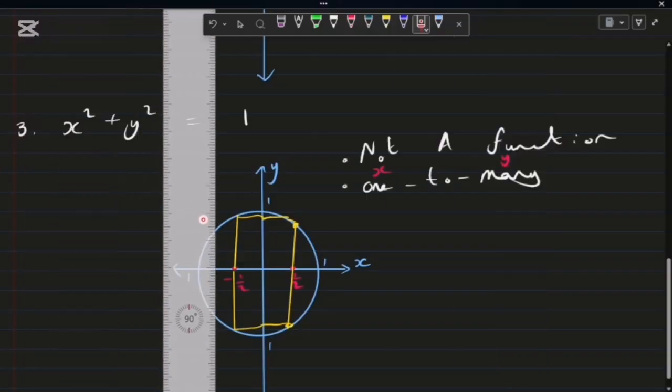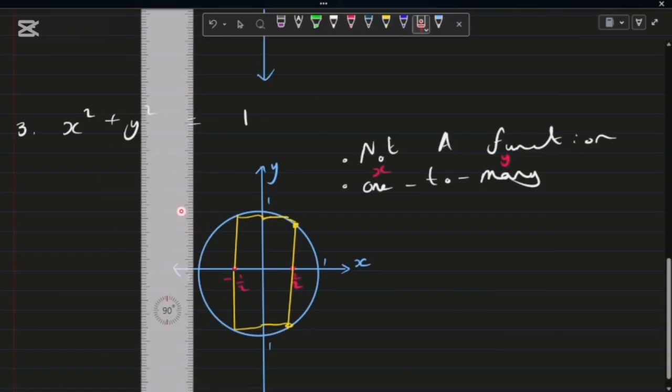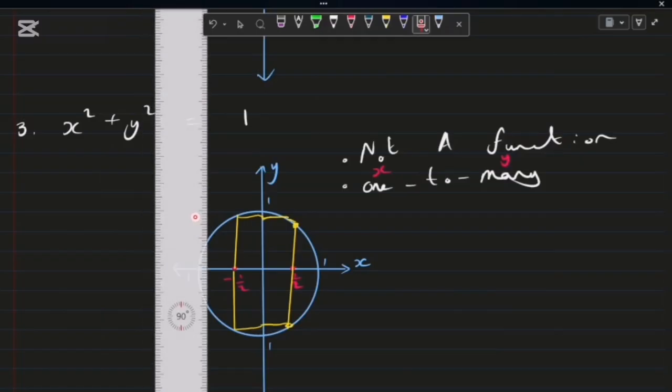At this point the graph is not touching the vertical line at one point, because at this point it is touching it, at that point, and at this point it is touching it as well. So this graph is touching the vertical line twice on one occasion. So this is not allowed. Because this is not allowed, this is not a function.